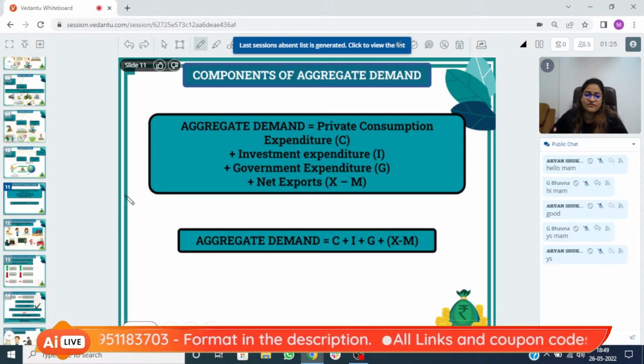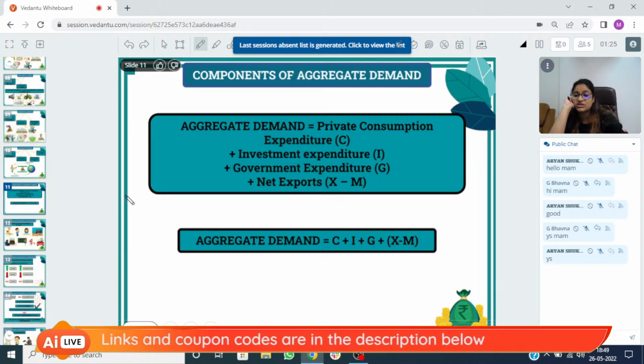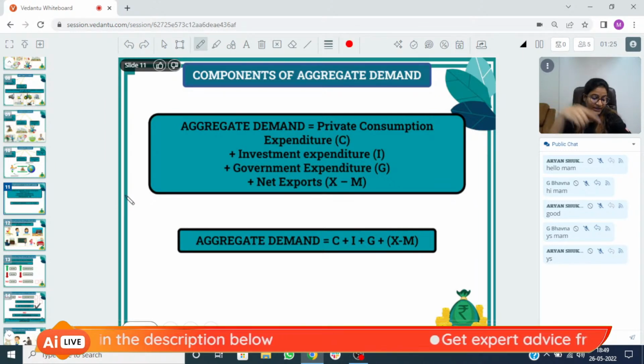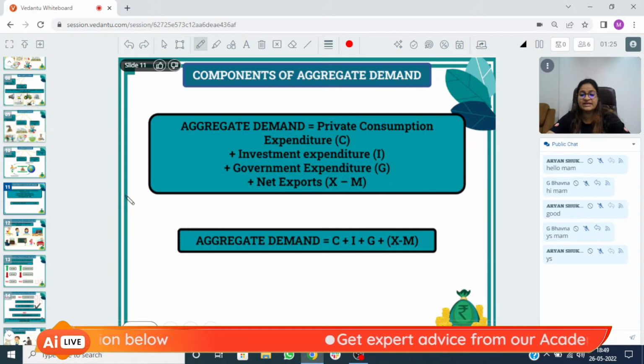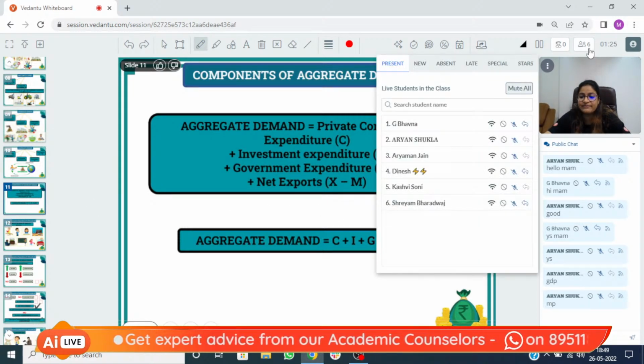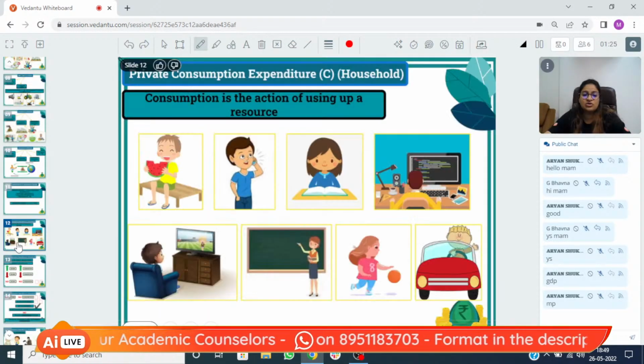We have done this somewhere. कहाँ देखा था ये? Which formula is this, C plus I plus G plus X minus M? किसका formula है? बताओ जल्दी जल्दी. It is the formula of GDP at market price. Yes or no? GDP at market price is nothing else but C plus I plus G plus X minus M. Yes or no? चलो आगे बढ़ते हैं.